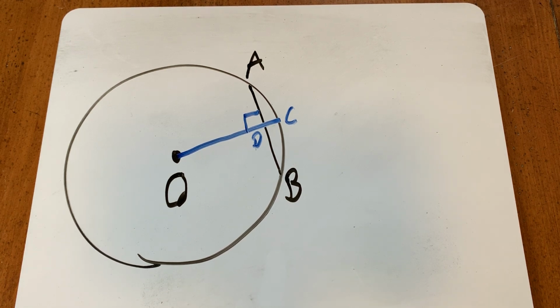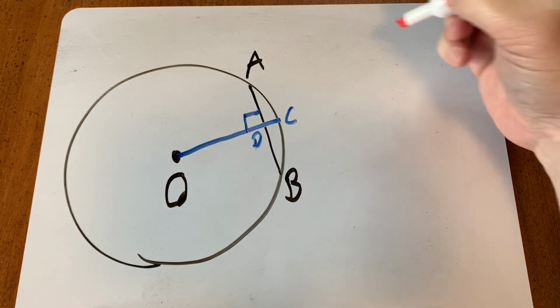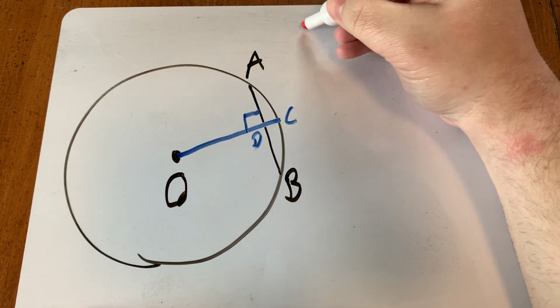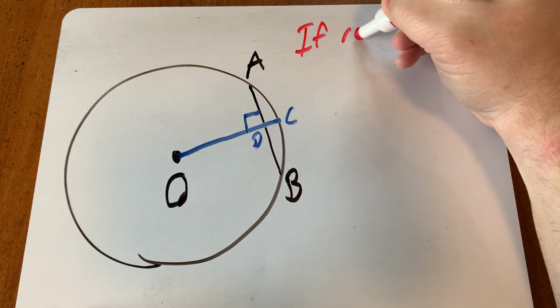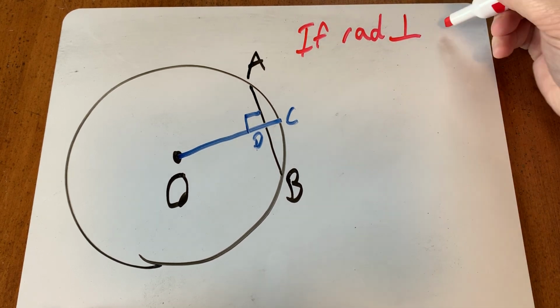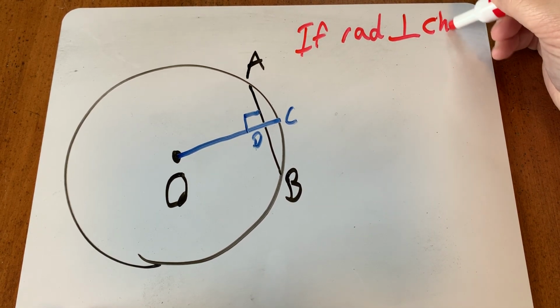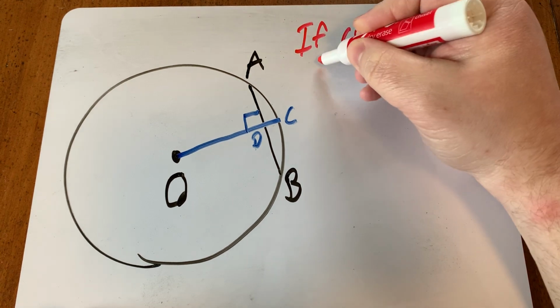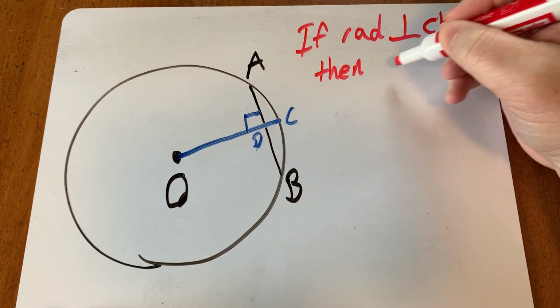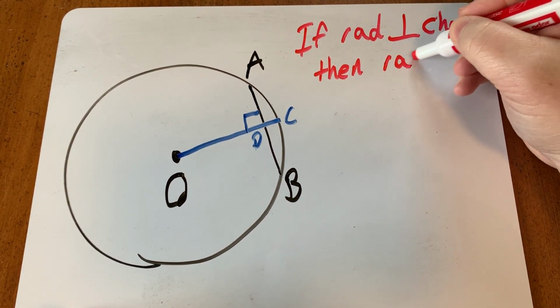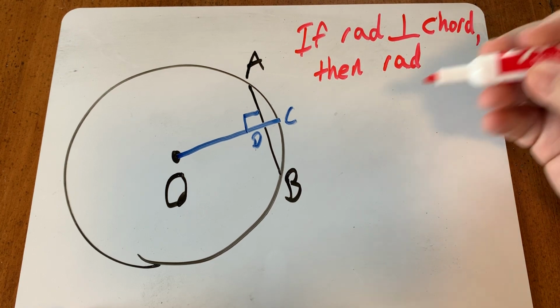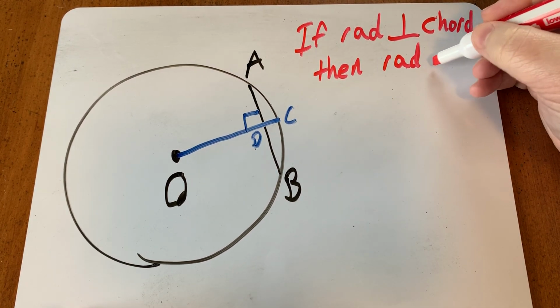there are a couple things about that. So if your radius is perpendicular to the chord, then the first thing is that the radius bisects the chord.